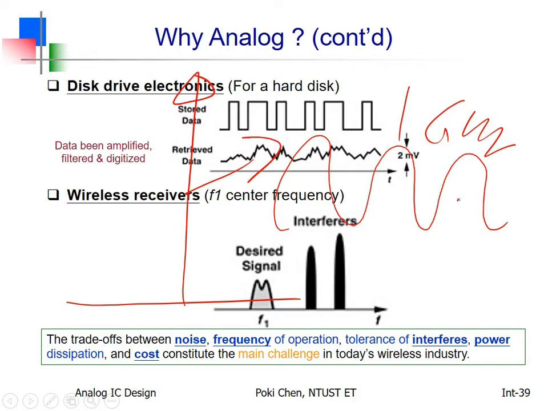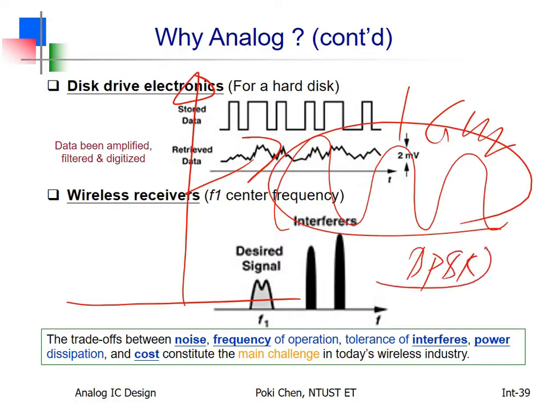We need to embed digital content inside such kind of sine wave. But how? For example, we have BPSK. That is very easy. By phase, or binary phase shift keying. So you may say, this is for one.